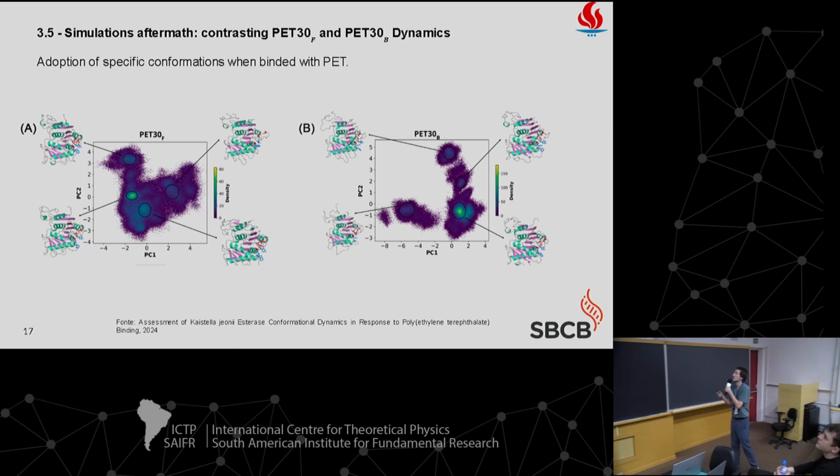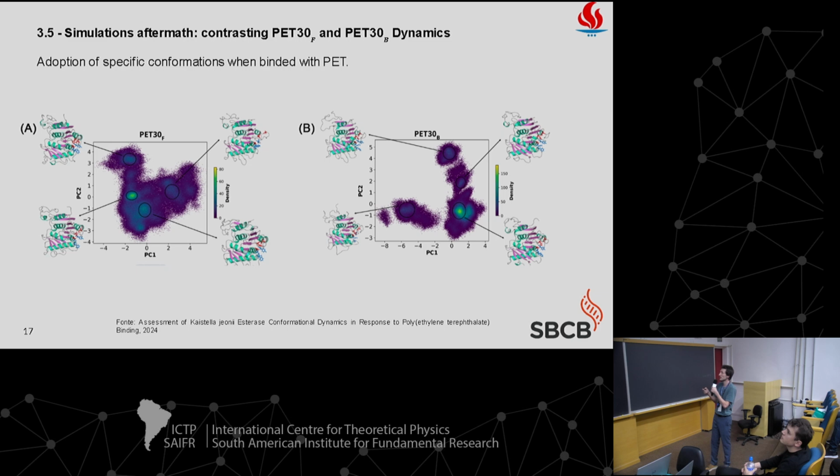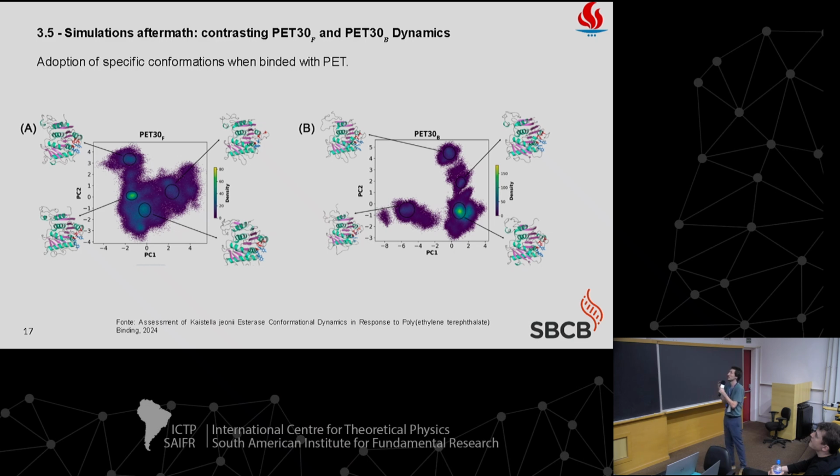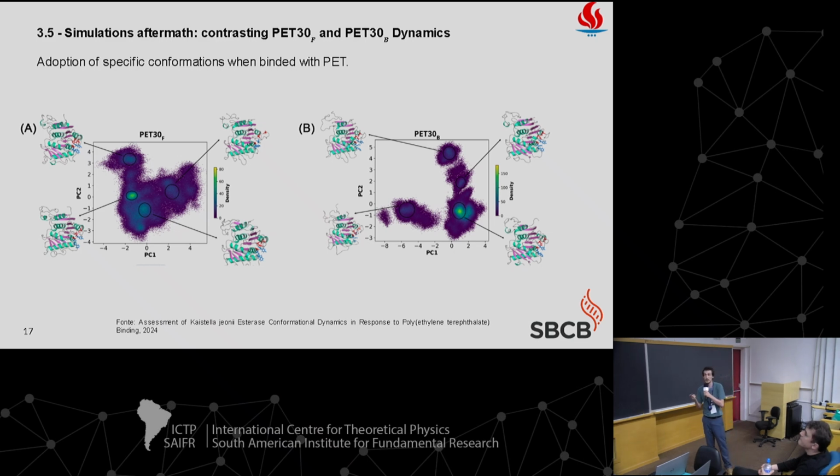But when PET30 is bound, here the protein assumes more specific conformations, leading to more favorable interactions with PET.